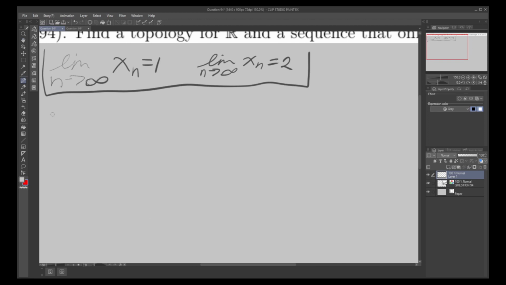So, of course, let's let some x be an element of both the real number sets and the closed interval from 1 to 2.